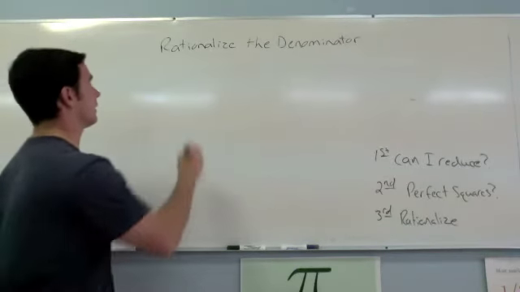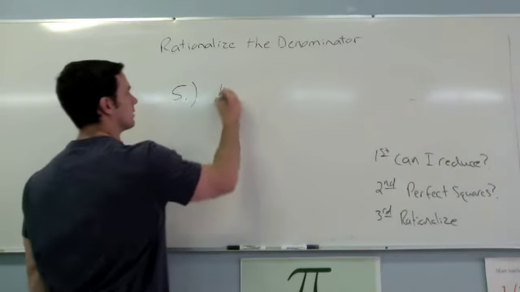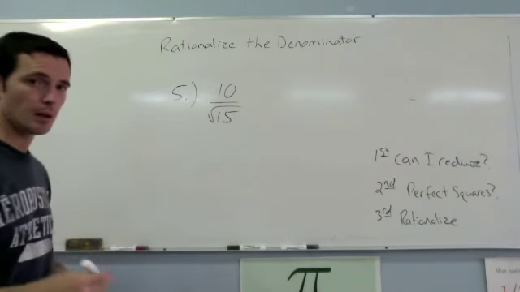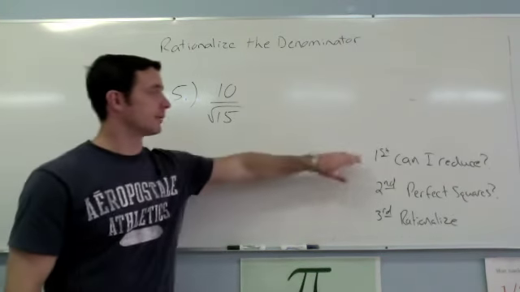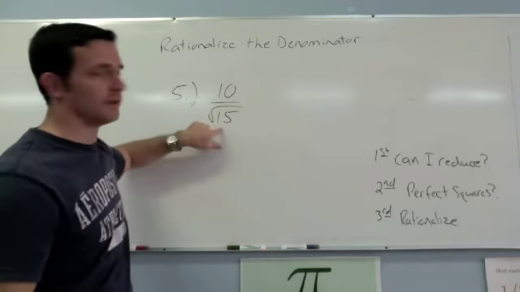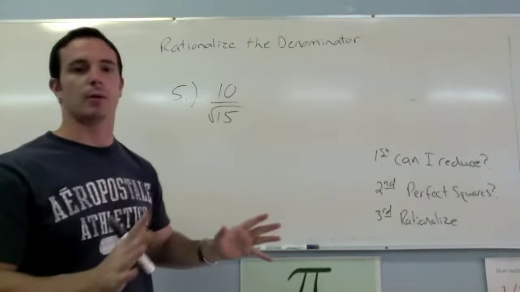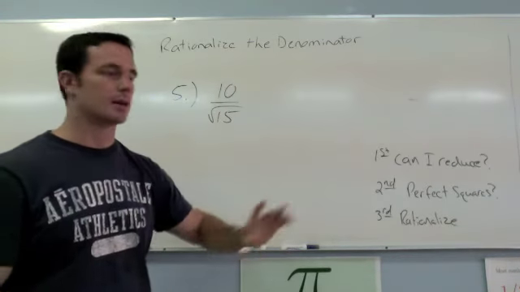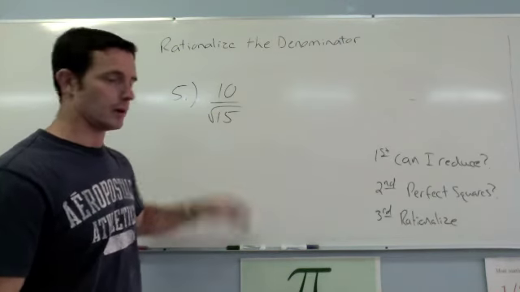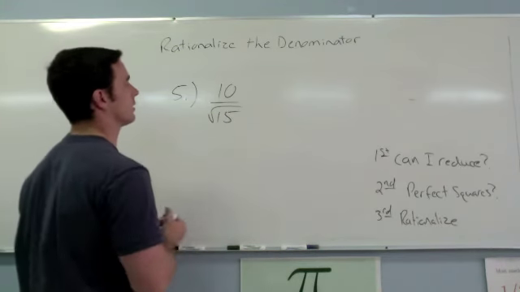Number 5. 10 over square root of 15. All right. Can I reduce? No. The 10 is outside the radical, the 15 is inside the radical. You cannot reduce the outside with the inside. Step 2. Are there any perfect squares? No. So just go ahead and rationalize.